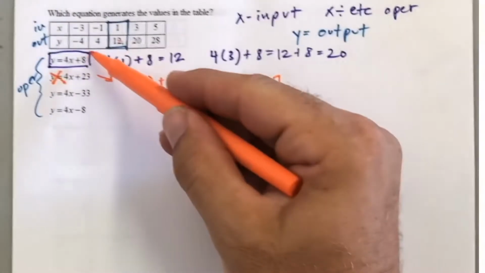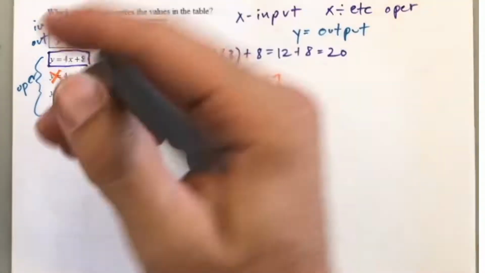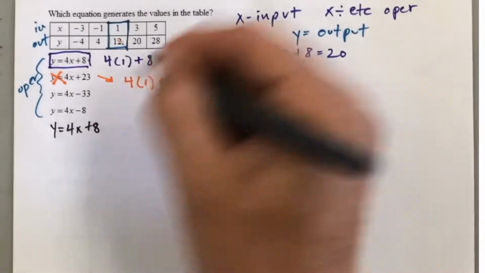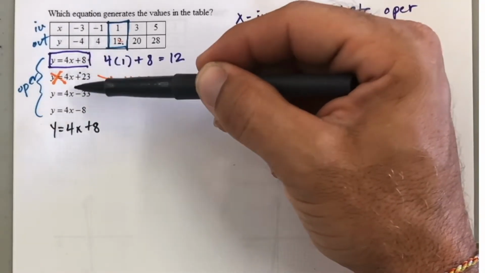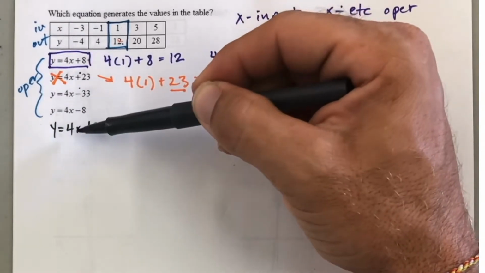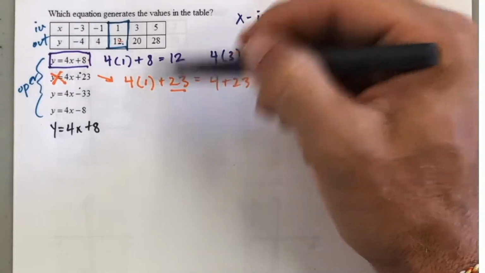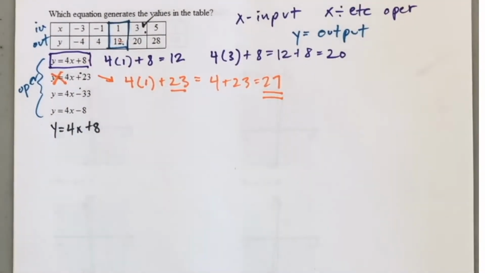So let's say that y equals 4x plus 8 was at the bottom. Maybe it was the last option. I would run 1 through each of these functions until I got to one that worked properly. And when I do get to one that works properly, I would try another input to make sure.